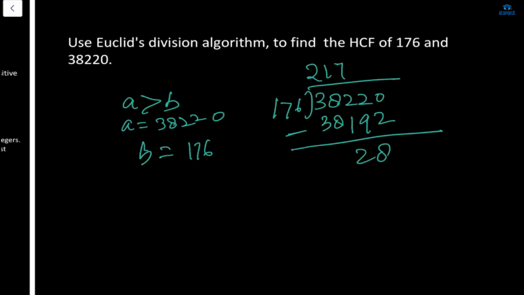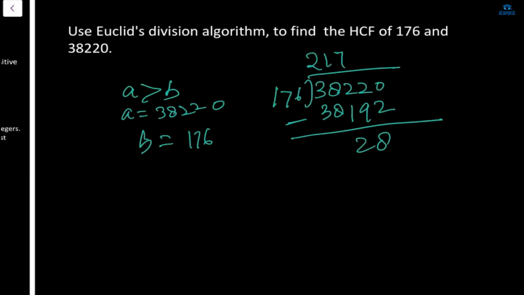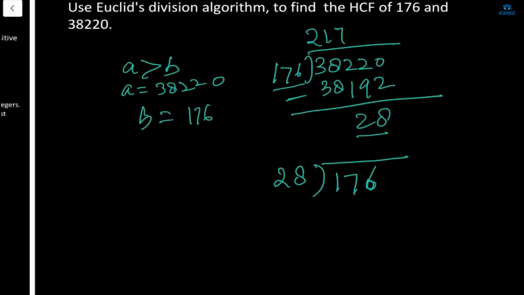Still the remainder is not 0. So we'll be applying it on b and r. Here b is this and r is this. So the r becomes the b and your b becomes the a. Now we again divide by 28.